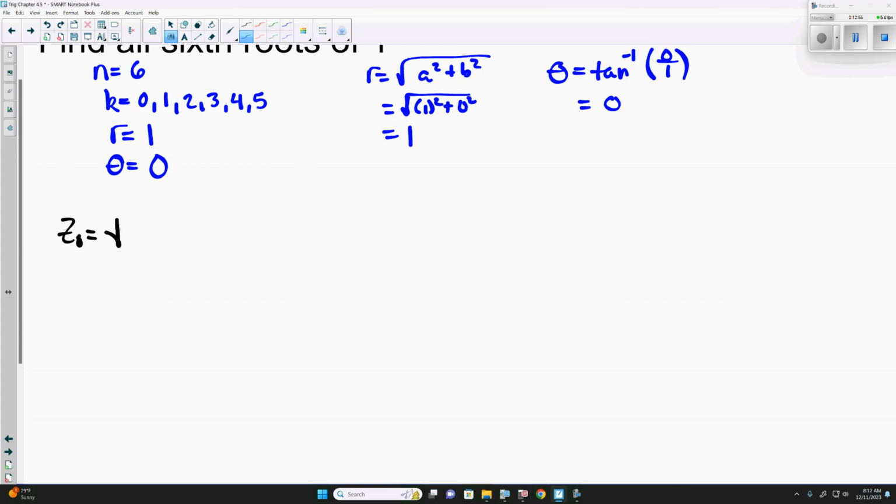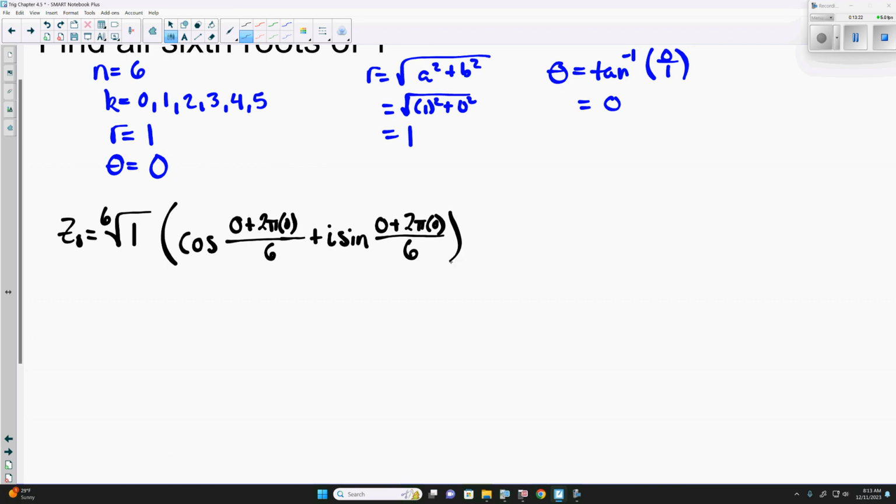Z sub 0 is equal to the nth root of r. So in our case, it's the 6th root of 1 times cosine of theta plus 2 pi times k, which is 0, over n, plus I sine of theta plus 2 pi times 0 over 6.